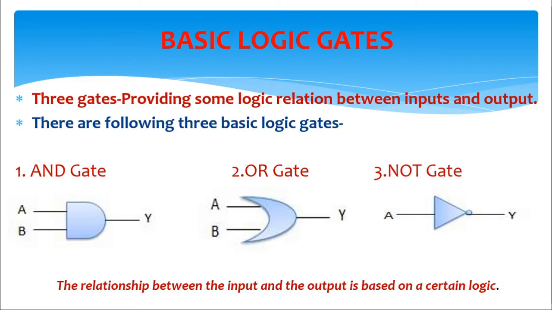All the possible inputs and outputs of a logic circuit are represented in a table called a truth table. Logic gates basically perform some basic logic functions such as ANDing, ORing, and inversion.